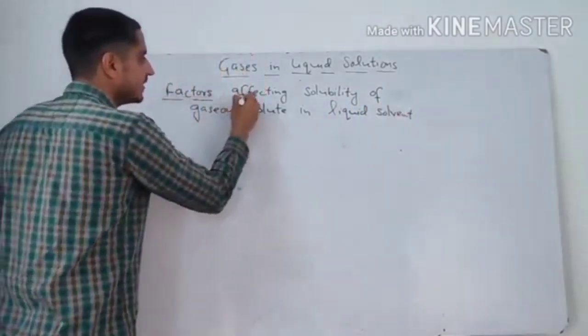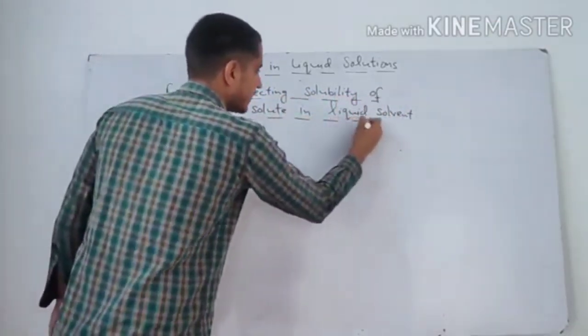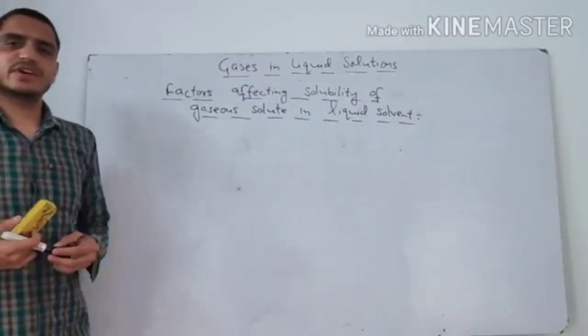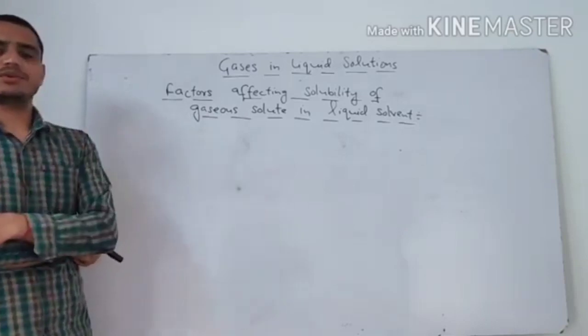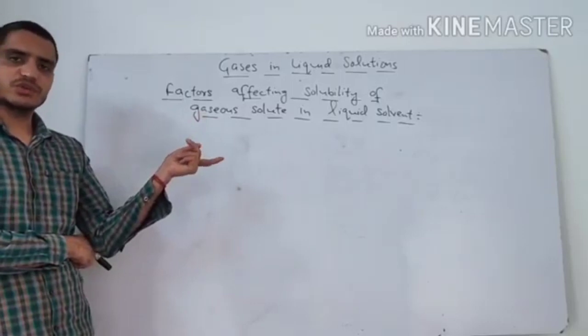Okay. So we will study the factors which affect the formation of gas in liquid solutions. If you want to dissolve a gaseous solute in a liquid, then there are many factors which we will have to take care of, so that it will help in the formation of the solution well.